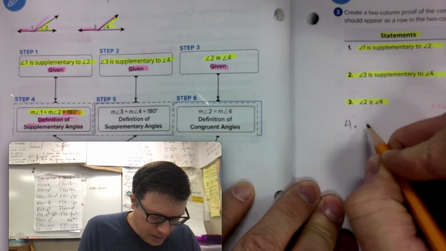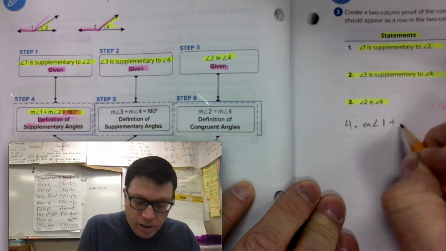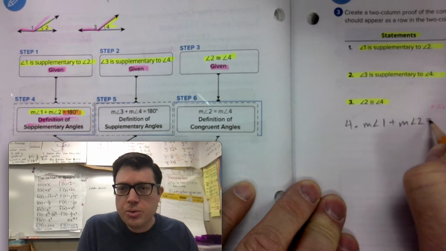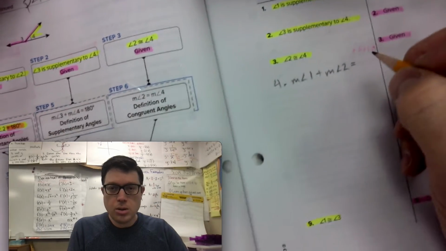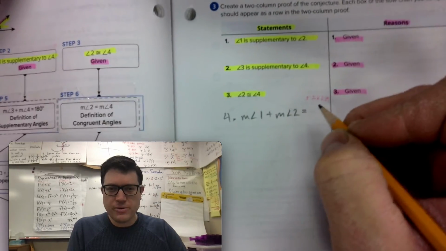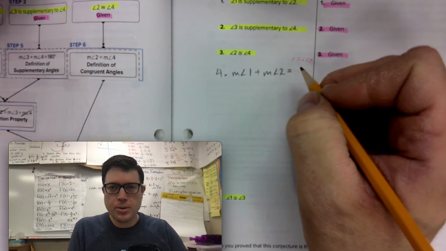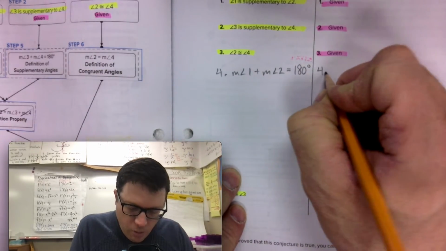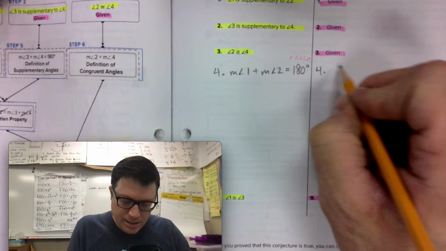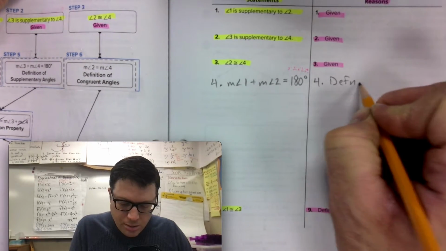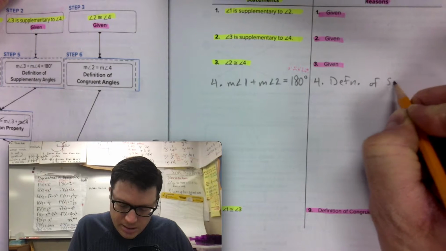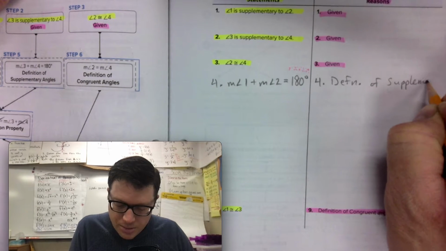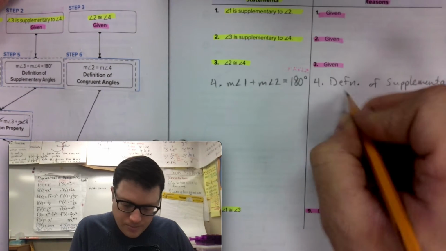4. The measure of angle 1 plus the measure of angle 2 equals, sorry for the adjustment of the camera, 180 degrees. Step 4, reason, is definition of supplementary angles.